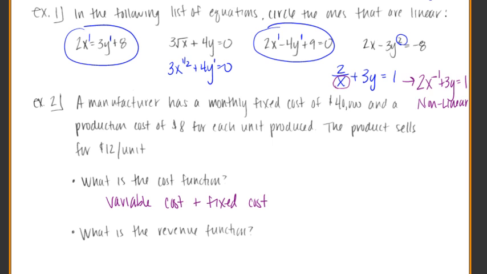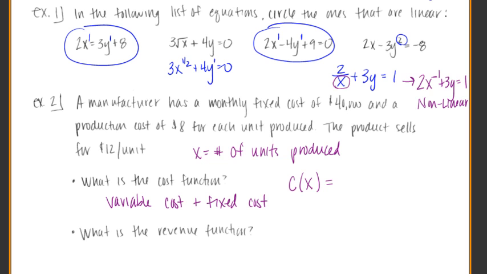So we can write our cost function. Let's say, for example, X equals the number of units sold or units produced. A reason why I want to know that is I'm trying to declare my variables. So our cost function, C of X, cost depending on how many units I produce, is going to equal, well, do we have a fixed cost?